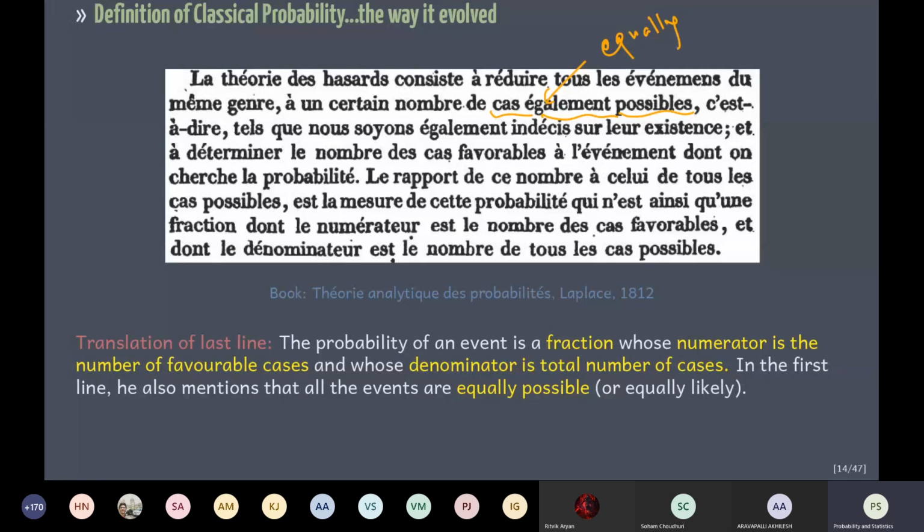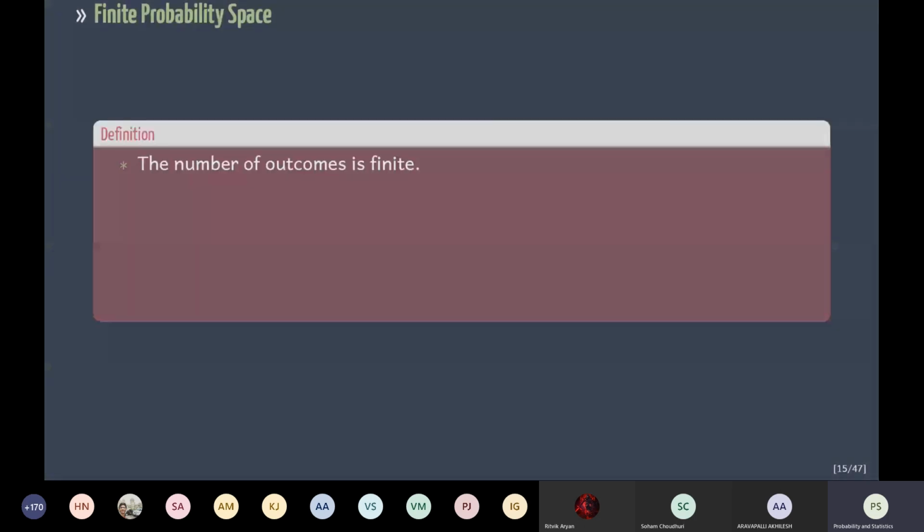So when you are throwing a coin, head and tail should be equally likely. In that case, this is how he defines the measure. That's an assumption that he makes. So let us define the finite probability space.